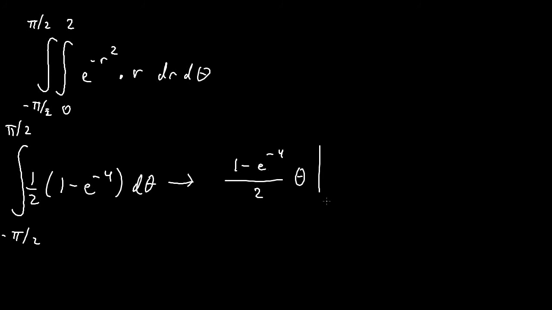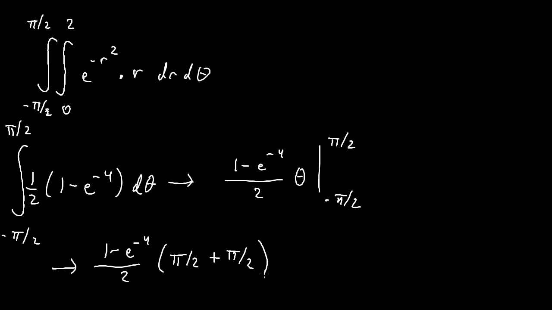When we evaluate it from negative pi over 2 to positive pi over 2, we'll get 1 minus e to the negative 4 over 2 times, when I plug in pi over 2 for theta, pi over 2, minus a negative pi over 2, so then plus pi over 2.